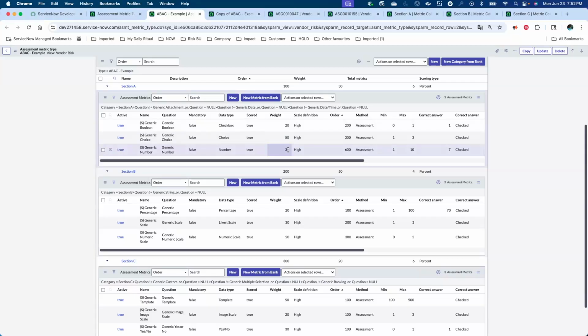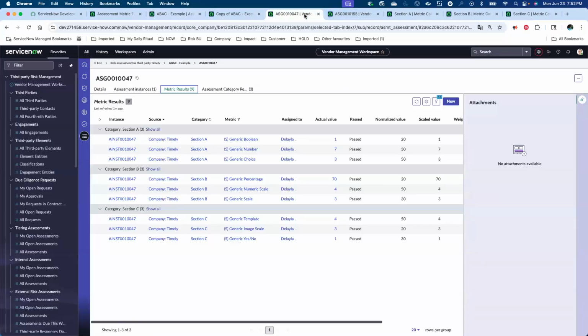So basically, if the evaluation of this normalized value was really 100, then the system has applied the weighted average to it, and the end normalized value is basically 20. In this case, it is 30 because the weight is 30.